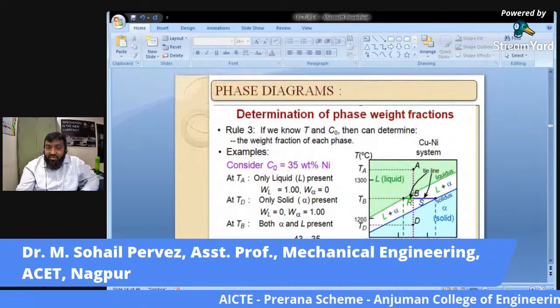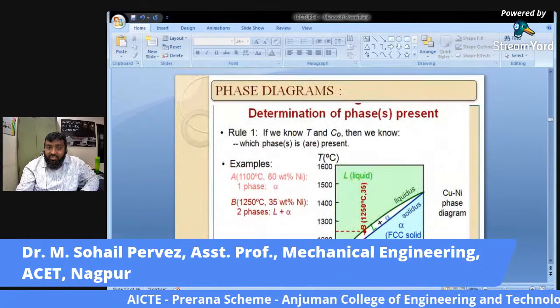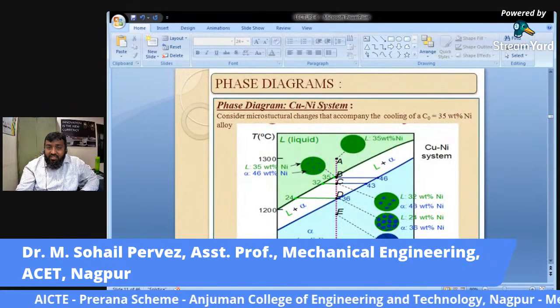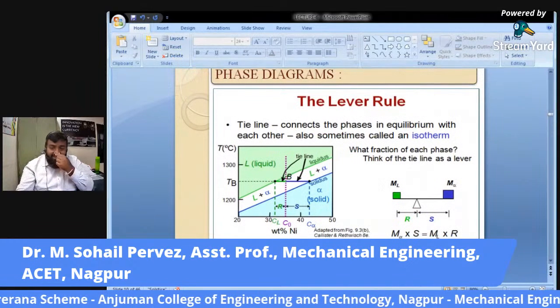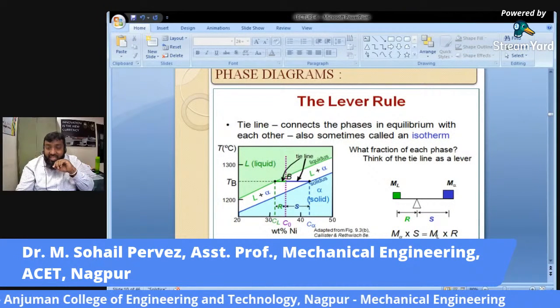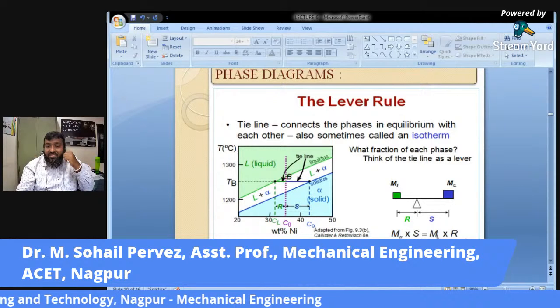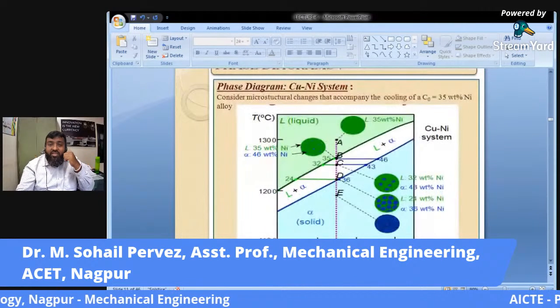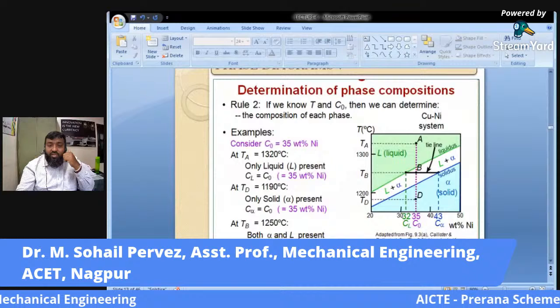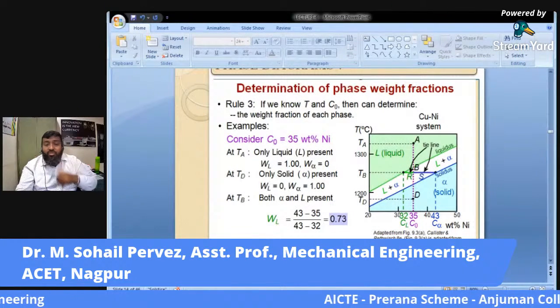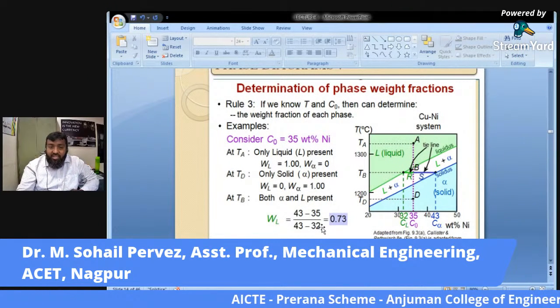CO, as I have already given to you here. Please concentrate. Here the liquid phase will come. We'll start with this. Again, the same thing. And this is how we can calculate W alpha on the same lines.